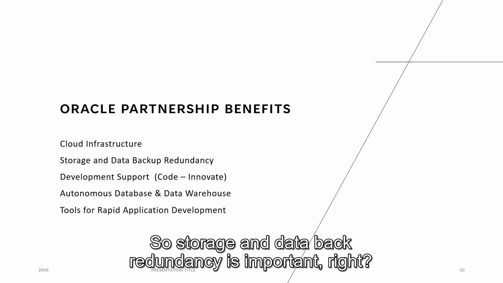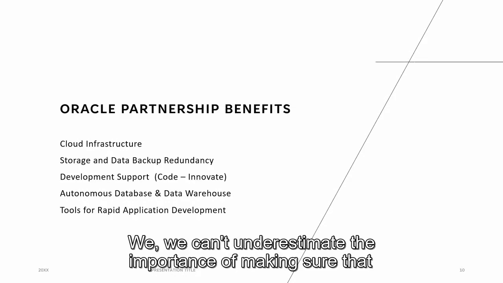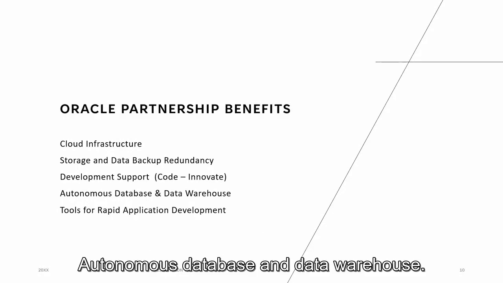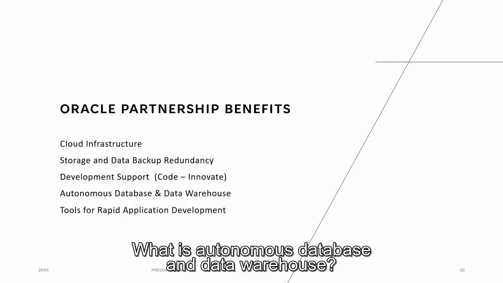Storage and data backup redundancy is important, right? We can't underestimate the importance of making sure that data is always available to us. Autonomous database and data warehouse. What is autonomous database and data warehouse?